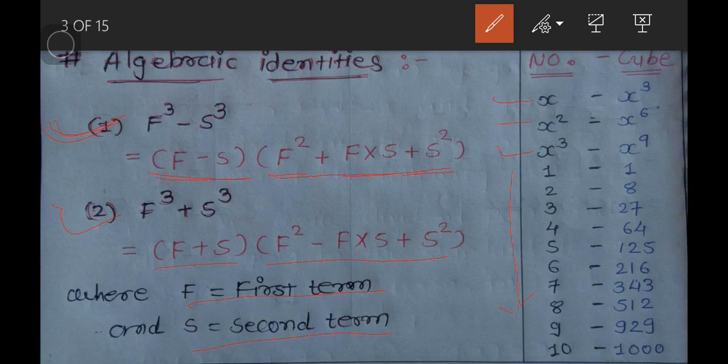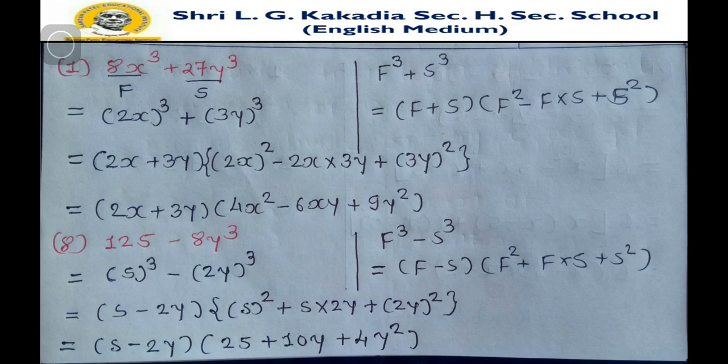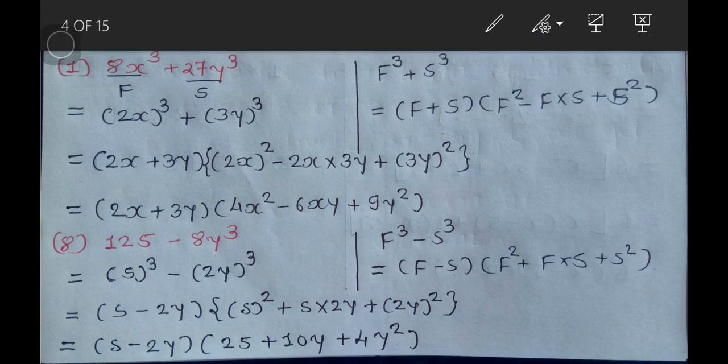So let us understand by some examples. Here the first example is 8x cube plus 27y cube. First we have to check our step number 1, that is, whether there are only two terms.